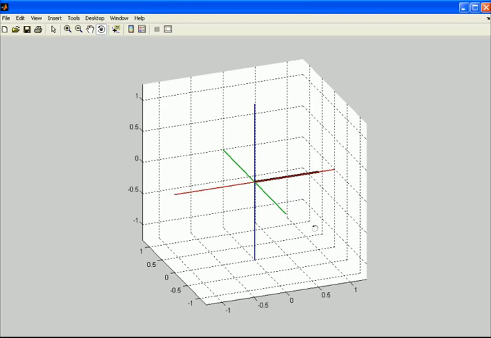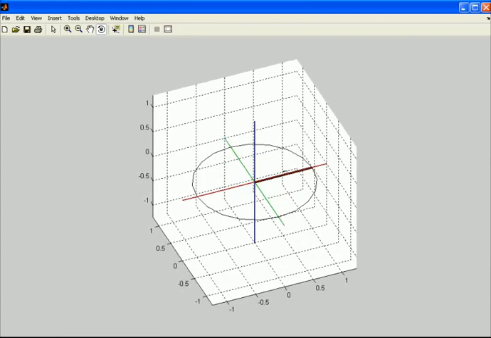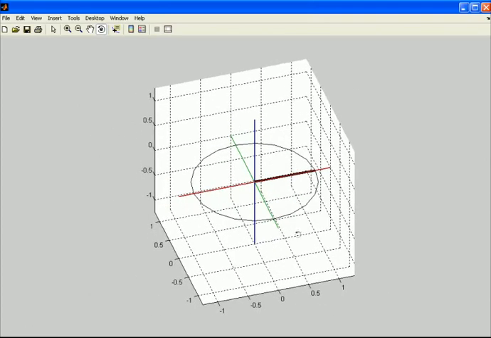Let me draw a picture here to show you what I mean. So I'll draw a circle here on the red and green axes, and as I rotate this around, you'll notice that that circle is perfectly flat. So we're sitting here on this plane, and if we change the angle theta, we're taking our one point and rotating it about our z-axis, causing that point to move around in the circle, like so.